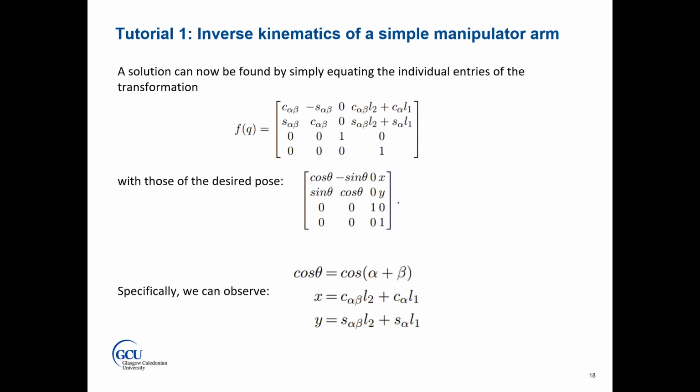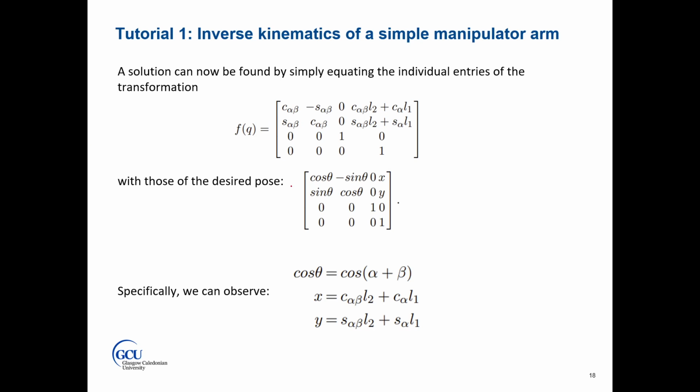And if we remember the f of the forward kinematics, which is exactly like this one, this is the transformation matrix of forward kinematics, and this is our desired pose. We can associate one with the other, and if we do, we can very simply solve this equation.